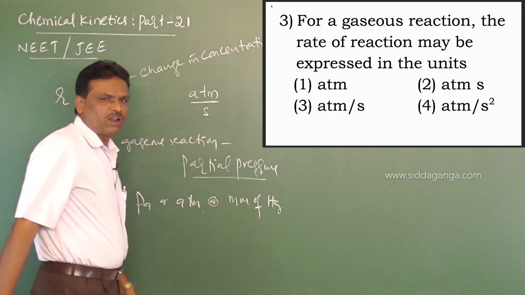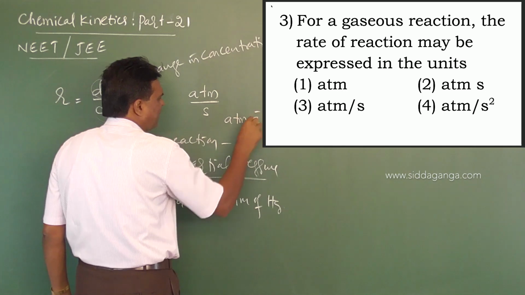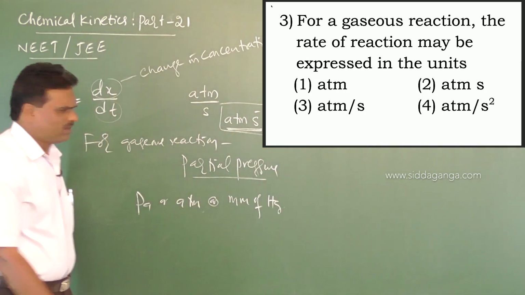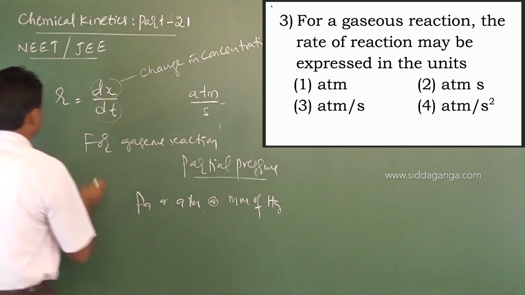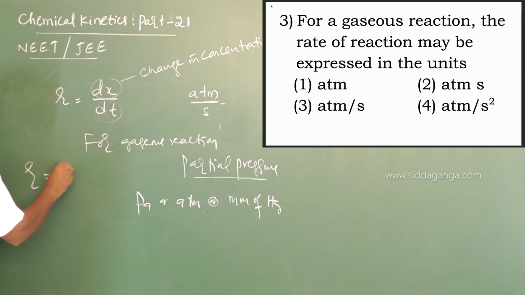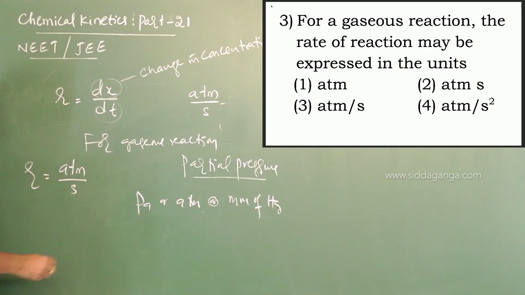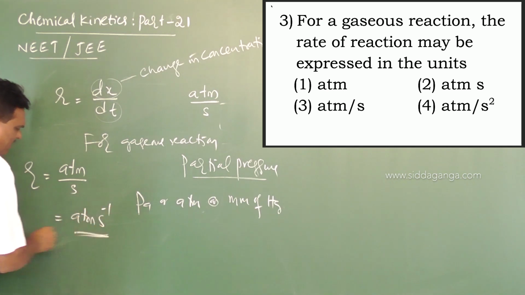So therefore your option is atmosphere per second. This is the unit, so here rate is equal to atmosphere divided by second, or atmosphere per second.